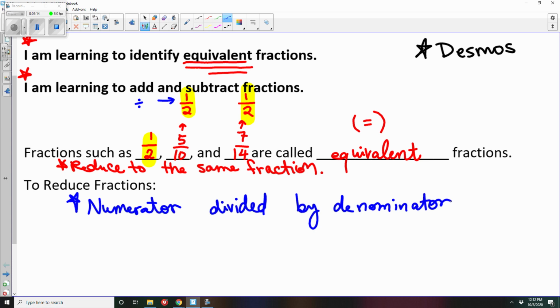Now the other way we can do it is, for those of you who've watched the videos all the way through while we were virtual, you will realize Desmos has a fraction button. Desmos' fraction button will also reduce them.